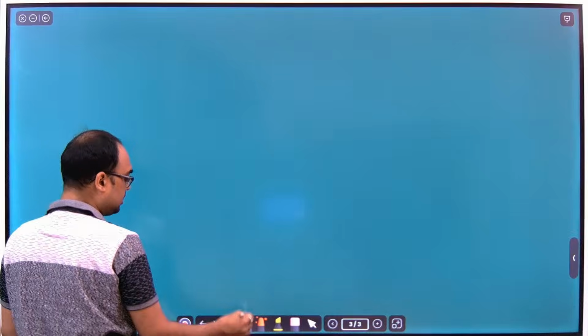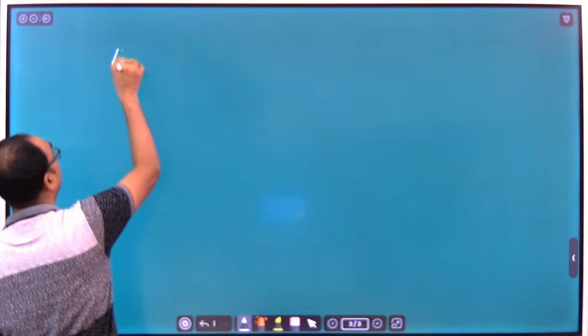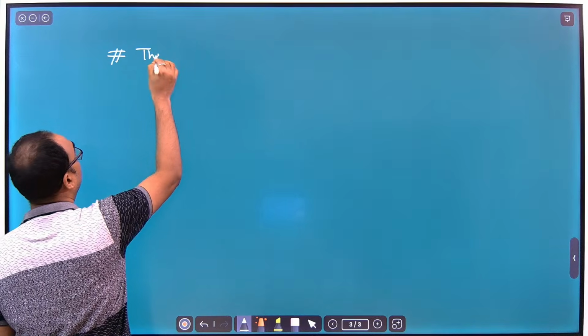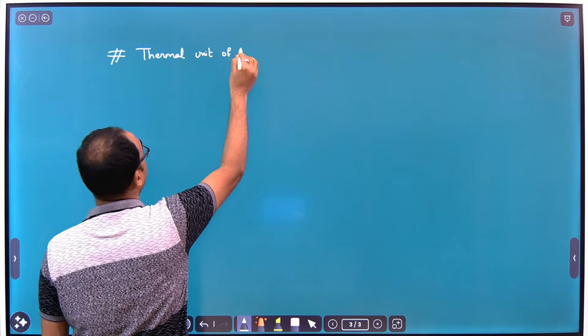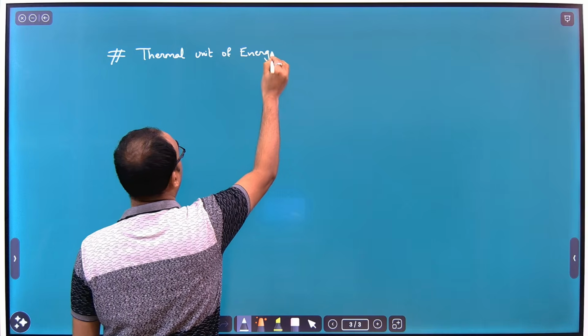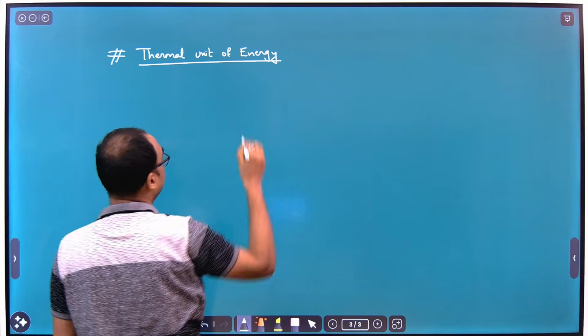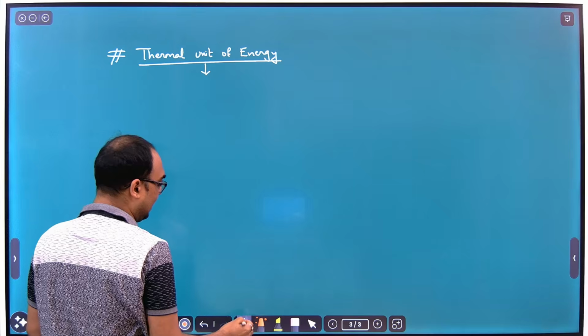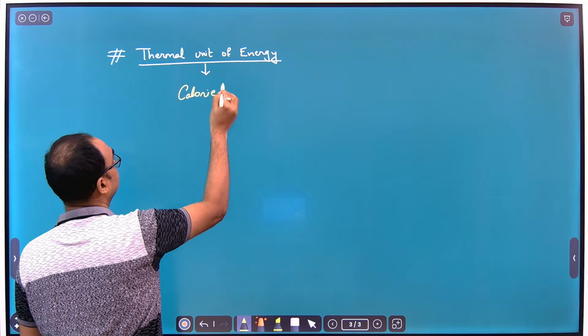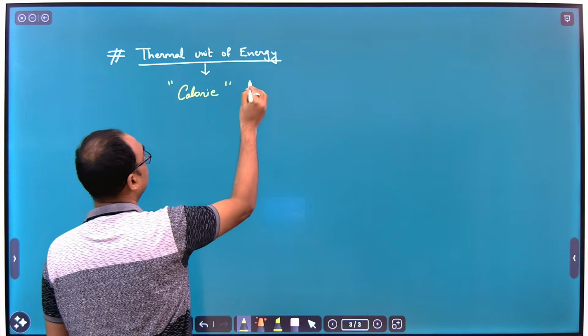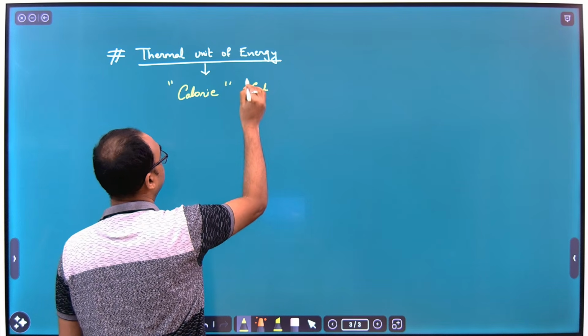Another unit is the thermal unit of energy. The thermal unit of energy is calorie. You all have heard about this. Calorie, short form cal.